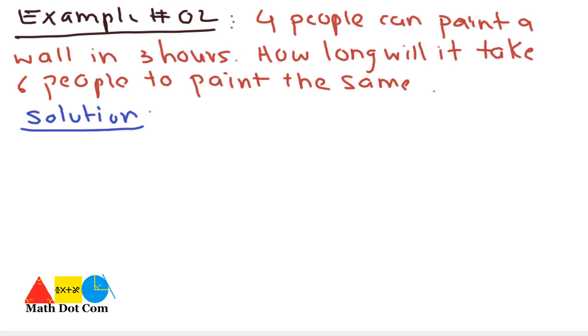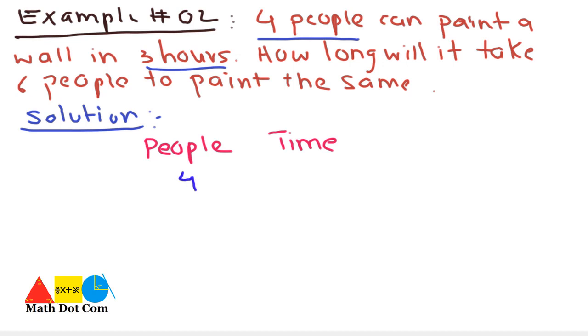We have the number of people and time. So we will write people and time. We have 4 people who can paint a wall in 3 hours.